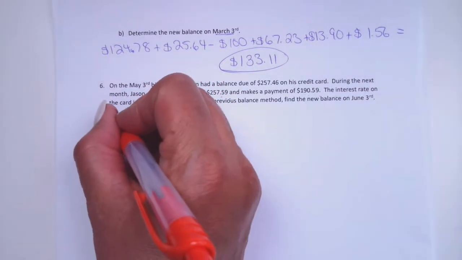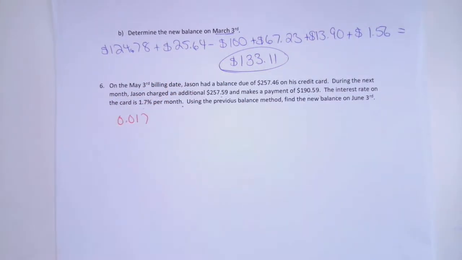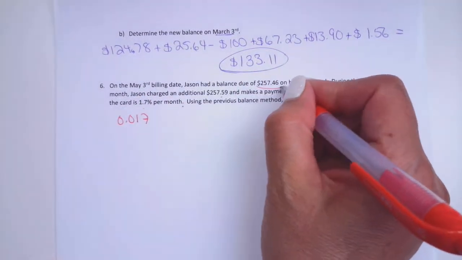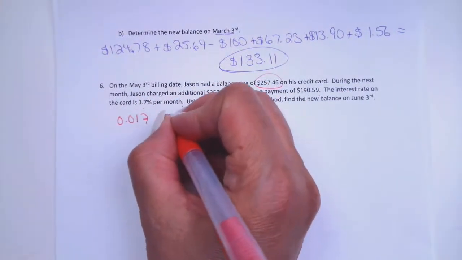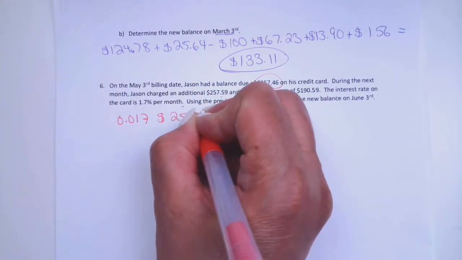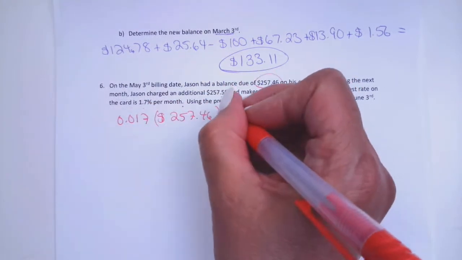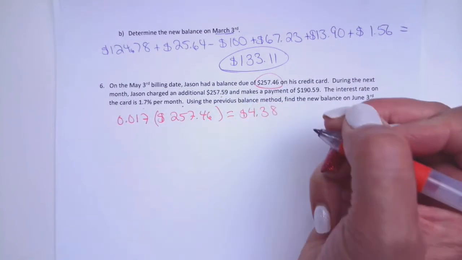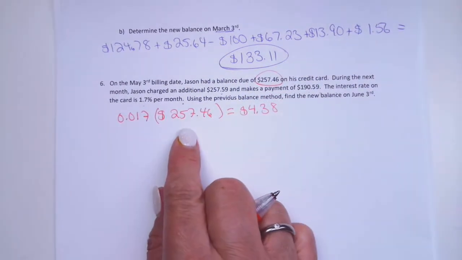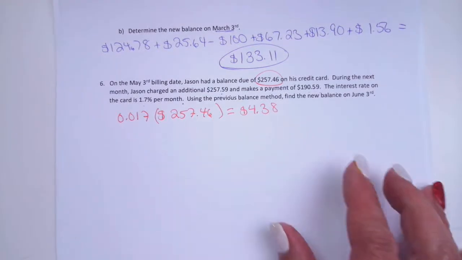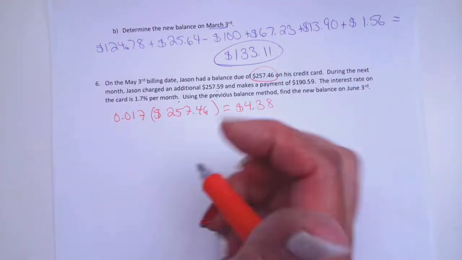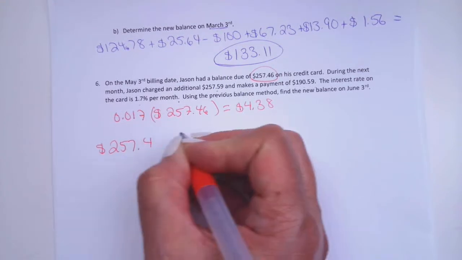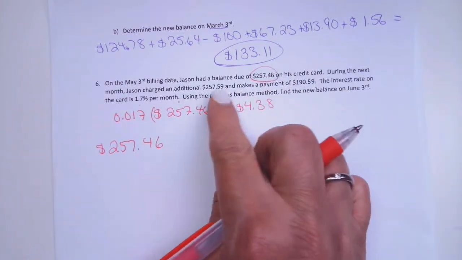So 1.7%, so 0.017 times the balance, which is $257.46. So that would be $4.38. So now we're going to take that balance, $257.46.